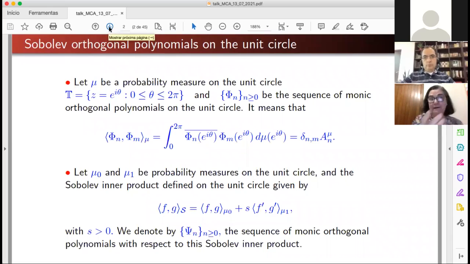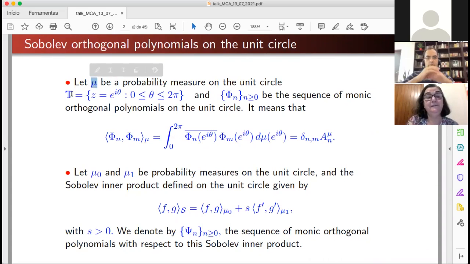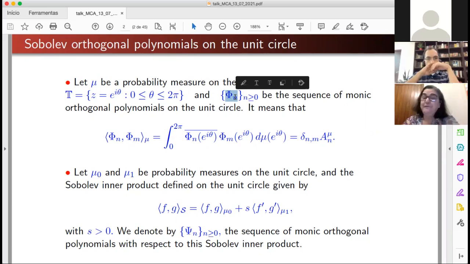Before talking about Sobolev orthogonal polynomials on the unit circle, I need to define a positive measure, mu, on the unit circle, T. We are going to denote by phi n the sequence of monic orthogonal polynomials on the unit circle.